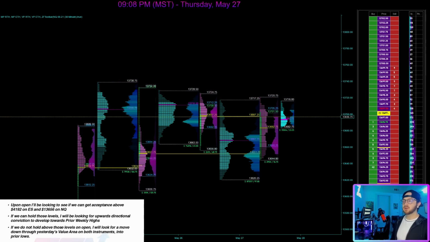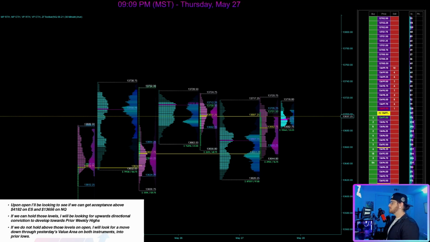So just to reiterate, upon open, I was looking to see if we could get acceptance above 41.92 on ES and 13.656 on NQ. If we could hold those levels, I was looking for upwards directional conviction to develop towards prior weekly highs. If we did not move and hold above those levels on open, I would look for a move down through yesterday's value area on both instruments into the prior lows, which we did not get.